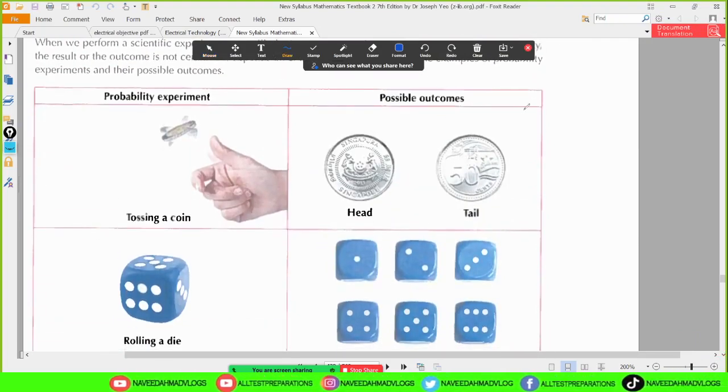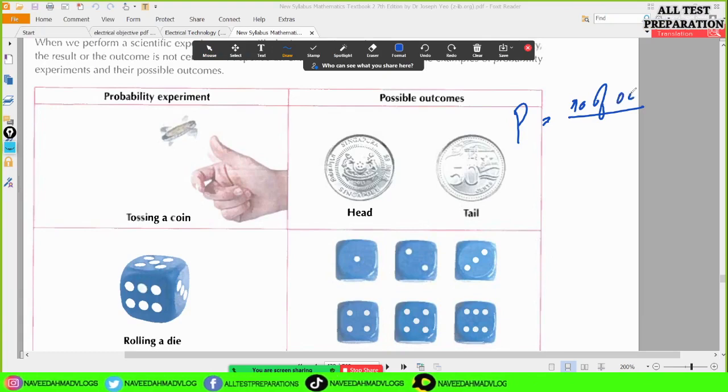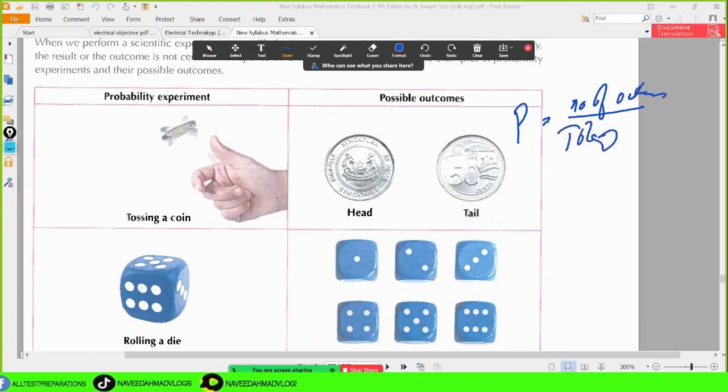Okay, if you want to find the probability, you will represent that by P, okay. That is the number of outcomes divided by total. So in this case, how many total possibilities are there? 2. So you will write 2 over here, and after tossing you will get 1 result, so you write 1. So the probability in this case will be equal to 0.5.